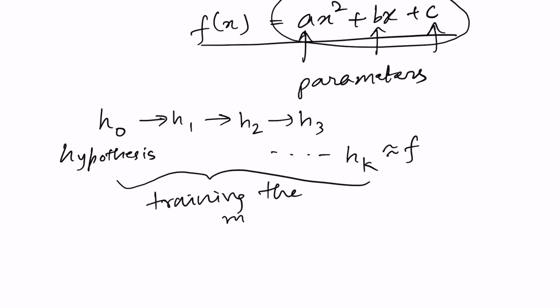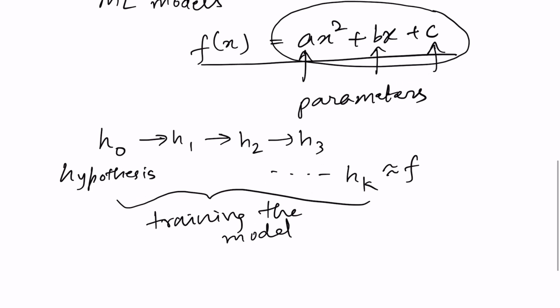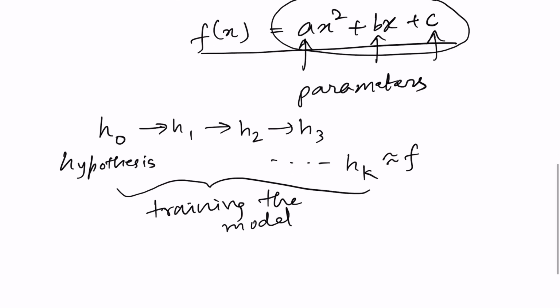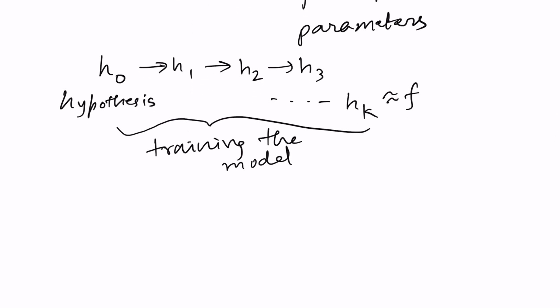Basically, you are editing the parameters of the model so that it fits the data better. By fits the data, I mean that for the given input, your functional output should be as close to the actual output as possible. You have a few input-output pairs to check whether it fits or not. Now, training the model requires you to be able to evaluate any particular hypothesis. For example, if I want to evaluate h3, how much better or worse is it than h2?